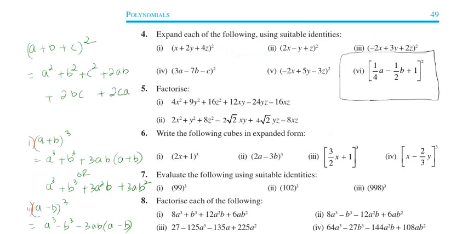Yes, these are the identities. You can see, these are the identities. I'll show it.